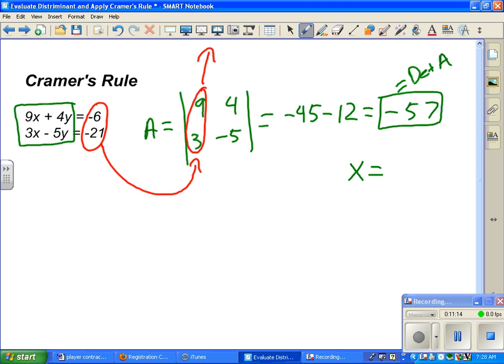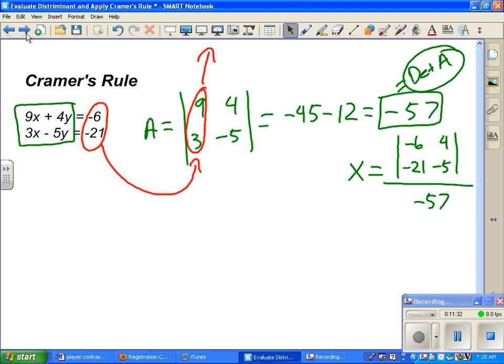So it's going to look like this. You're going to find the determinant of negative 6, negative 21, 4, negative 5. And then we're going to divide by the determinant of A, which is negative 57. And that will give you your answer for x.